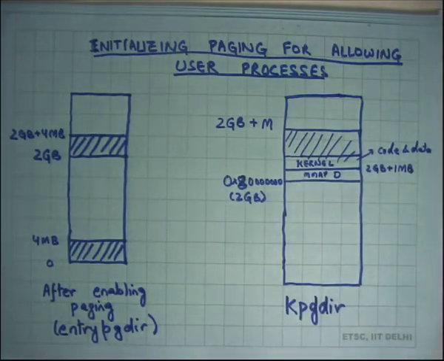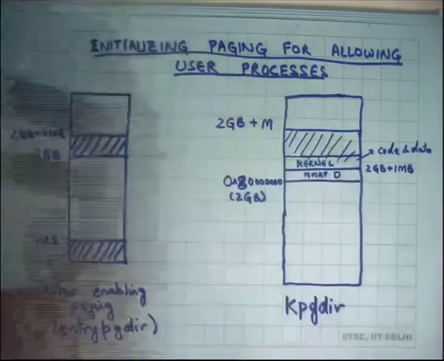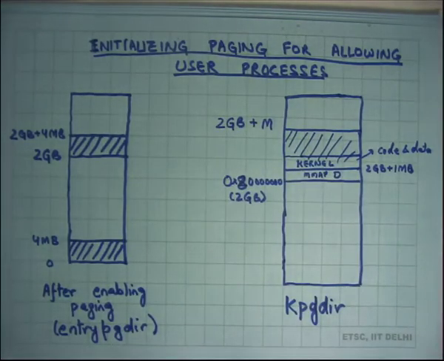But anything other than that, for example, per process page directories, are going to be allocated from this extra space, which is wherever the kernel ends, and from there on till whatever capital M is, the size of physical memory. Also this is the place where you're going to allocate memory for data structures like process control blocks. And most importantly, this is the space from where you're going to allocate memory for the user processes themselves.